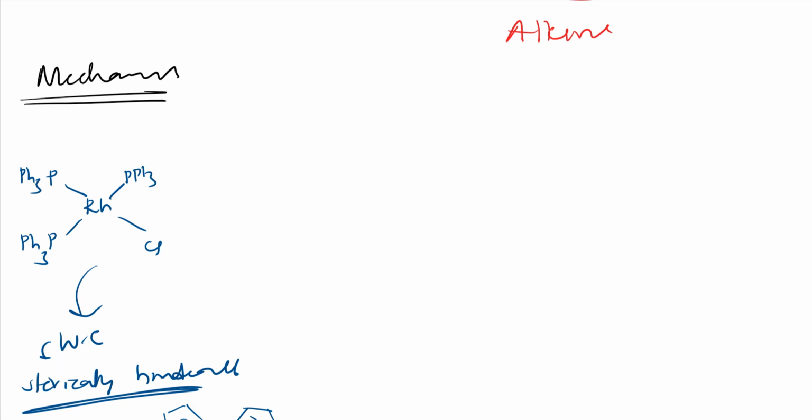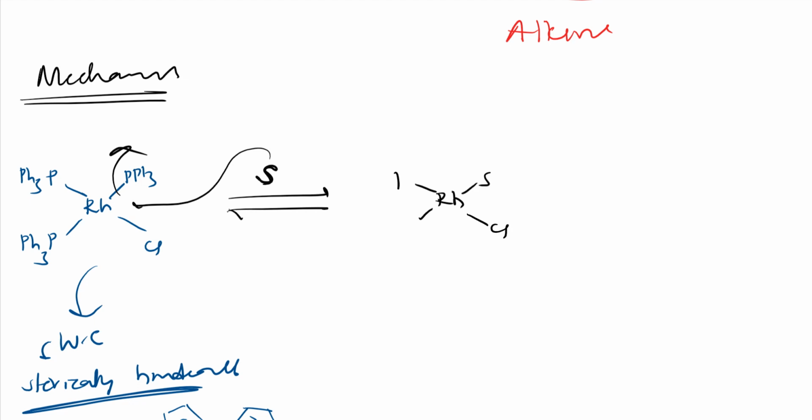So how this happens. Here, in presence of the solvent we use, S stands for solvent. Whenever the solvent attacks, the PPh3 will leave. So instead of writing all the things, I can write like this: here solvent, here chlorine, here P. Whenever I write P, it is understood that PPh3 is there. Just mention P is equal to PPh3, and lone pairs will form coordinate bonds, right? Keep that in mind.